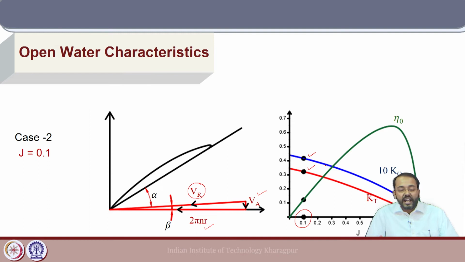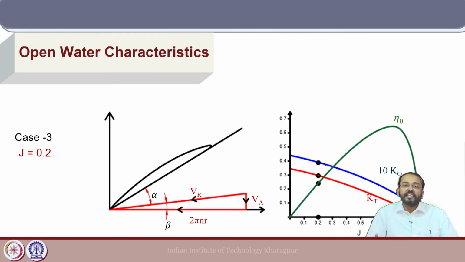Okay. Now, in a similar way, let us go to case 3 and increase J further by increasing Va. So, we go to the next step and again increase Va such that J equals 0.2 now, and in the same blade element diagram, what happens now?